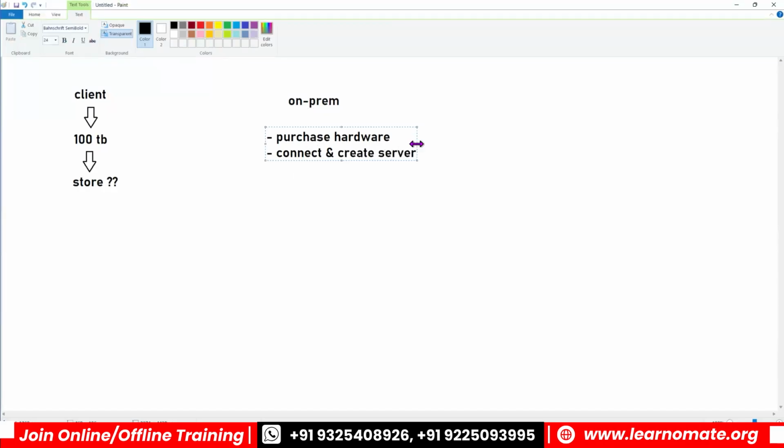One machine cannot store a huge amount of data, so that's where you create distributed machines by connecting multiple machines together, right? You connect and create a server out of it, and you have to install the operating system and whatever libraries are required.